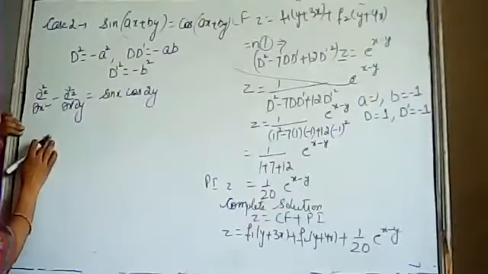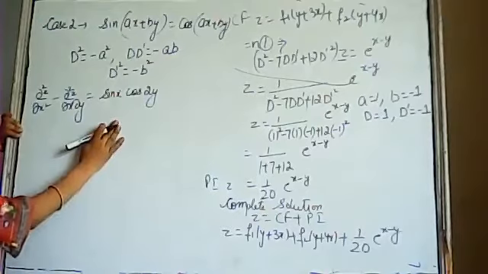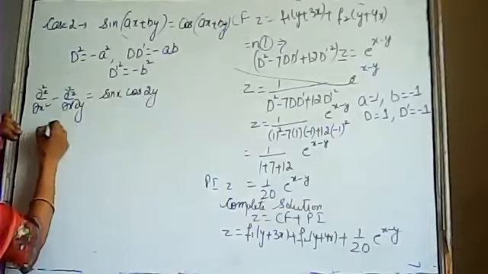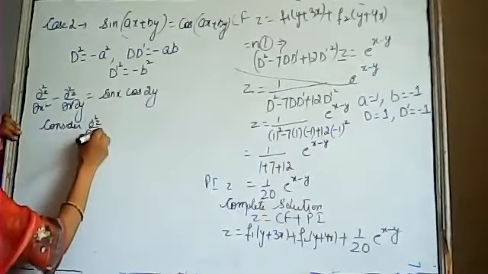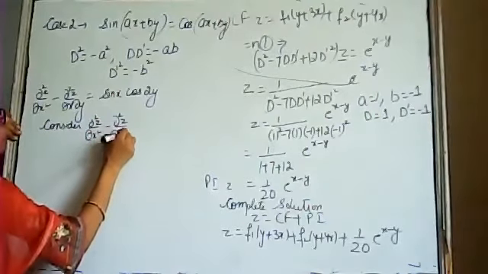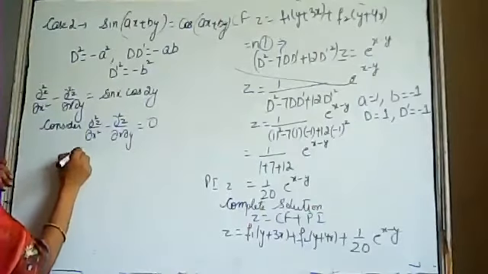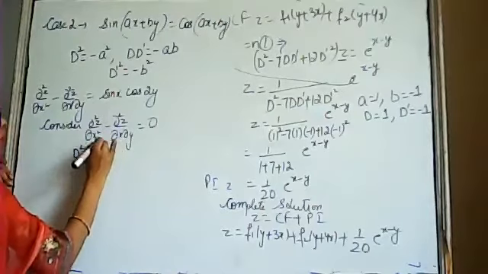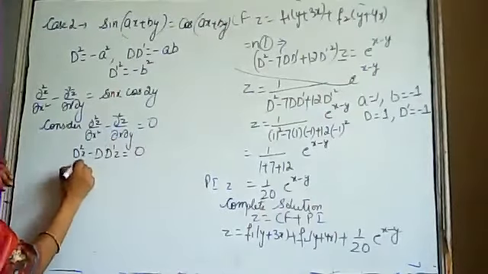Again, in this equation, the right hand side is not 0. We will find two solutions. One will be the complementary function. For that, consider del square z upon del x square minus del square z upon del x del y is equal to 0. So it will be D square minus D' into z is equal to 0.